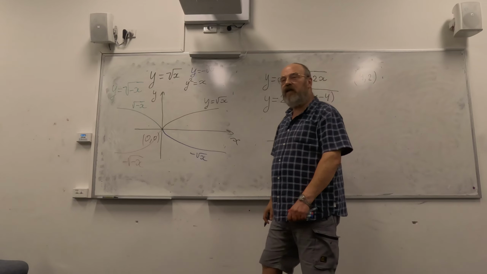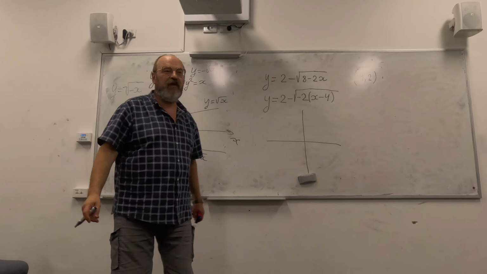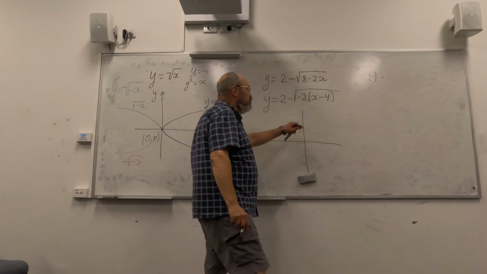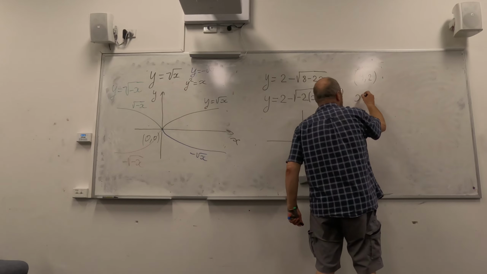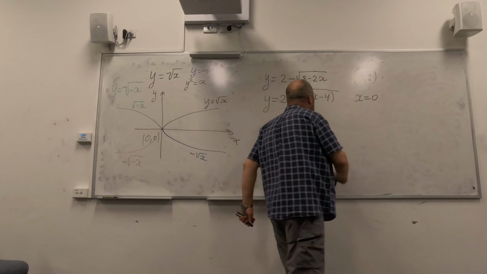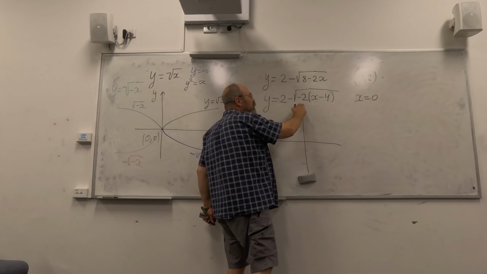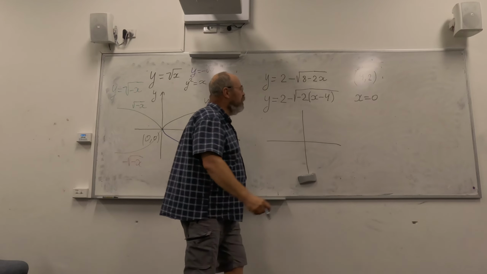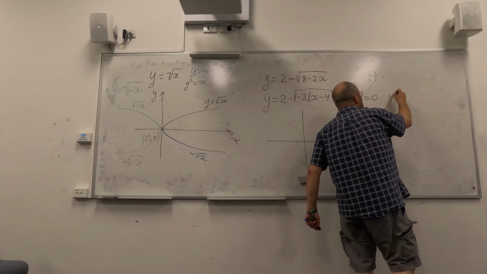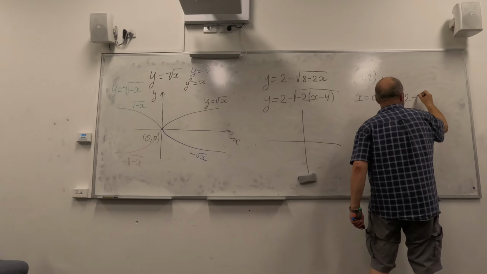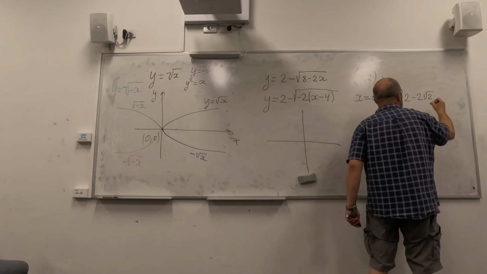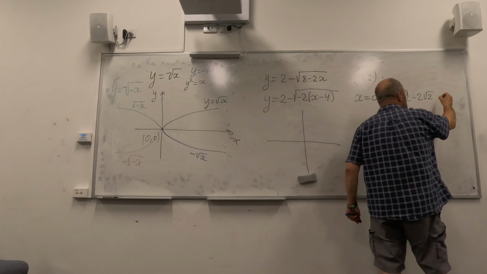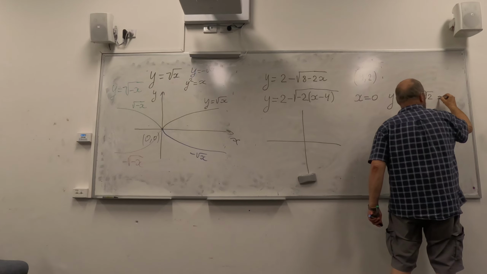Now let's find the x and y intercepts if there are any. If x equals 0, we have minus 4 times minus 2 is 8, so we'll have y equal to 2 minus 2 root 2, which is approximately negative 0.8.